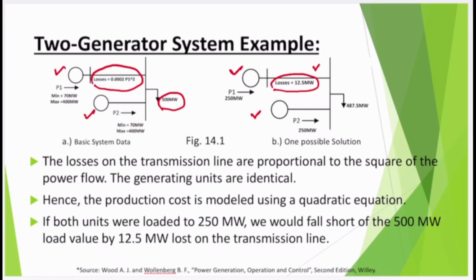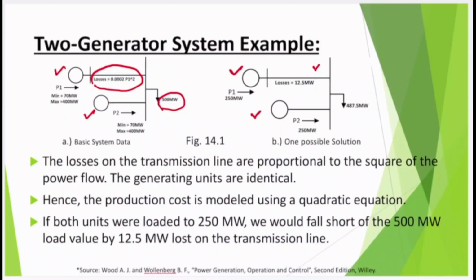But because of the loss of 12.5 megawatt, you generated 500 megawatt, but you may not be able to get those as an output at the bus at which they have been connected. The energy available to you will be approximately 500 minus 12.5, that is 487.5 megawatt.